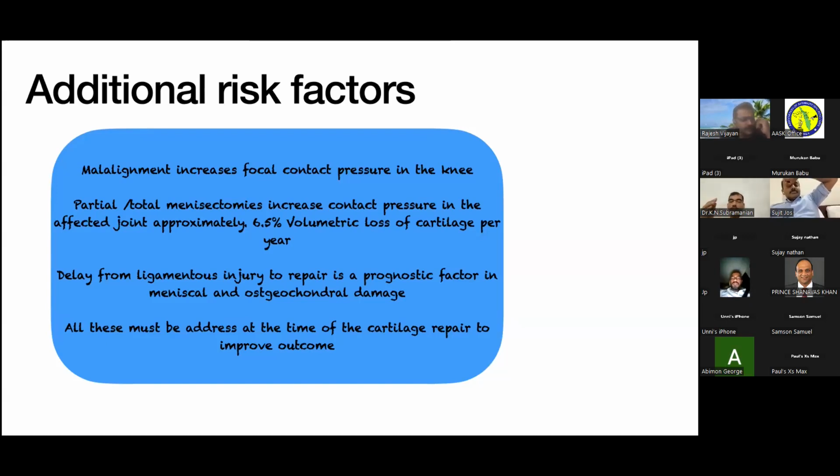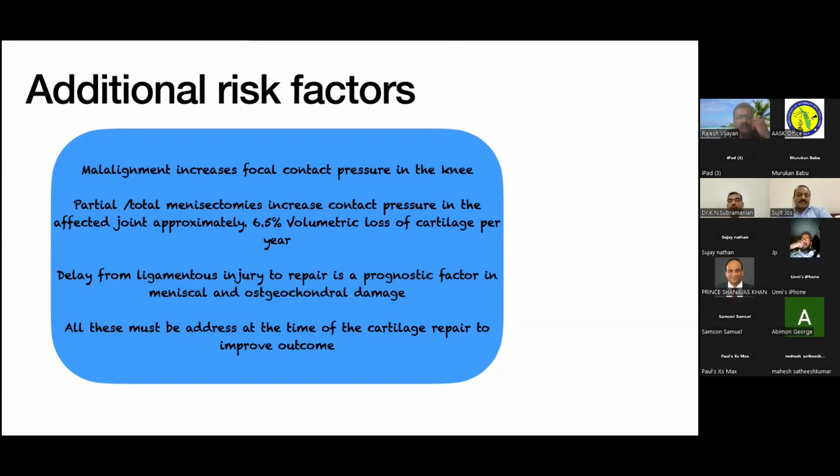Any ligamentous problem, either ligament absence or ligament rupture, also has to be addressed. It's very important to understand that cartilage relies on all these other tissues, which act as a fulcrum for the cartilage to stay there when you do the regeneration technique. If the regeneration technique is done and the alignment is not right, it is going to fail. Within a few years, you will start failing.